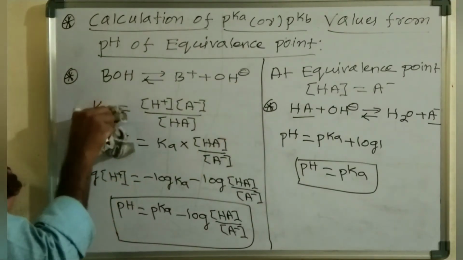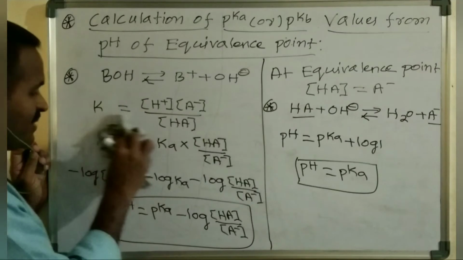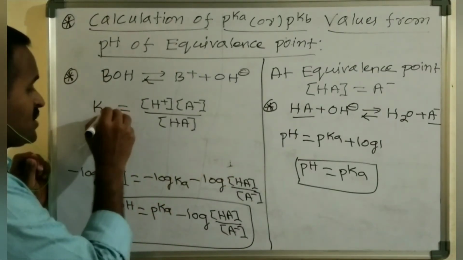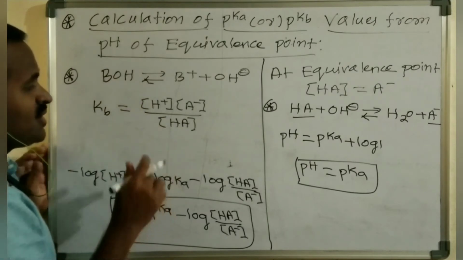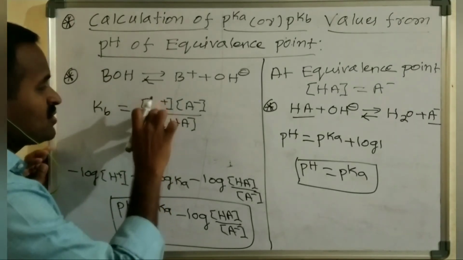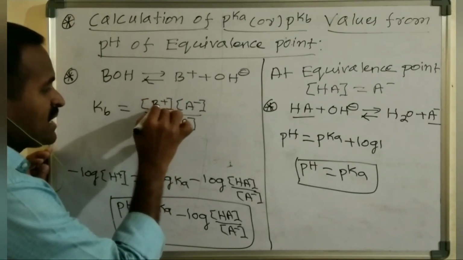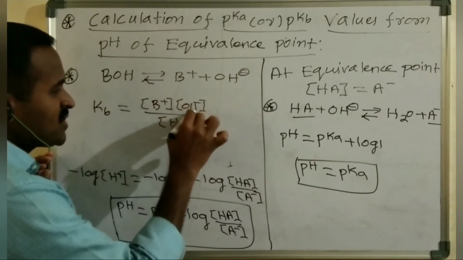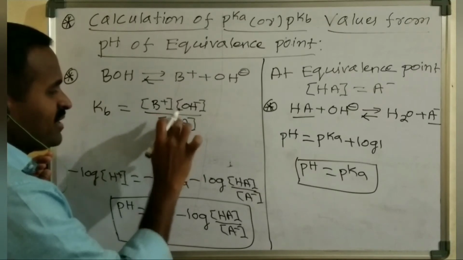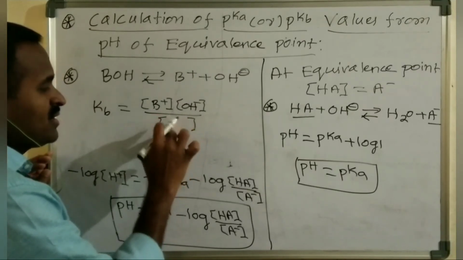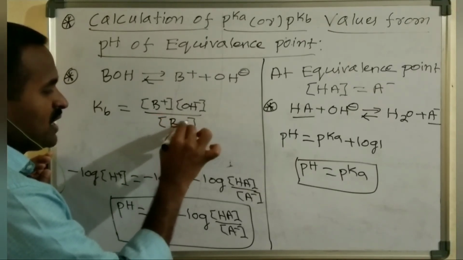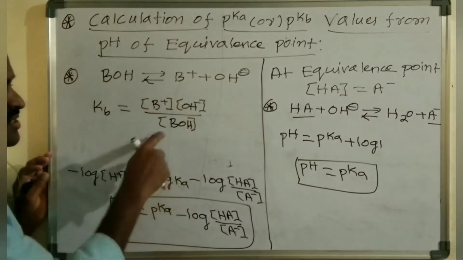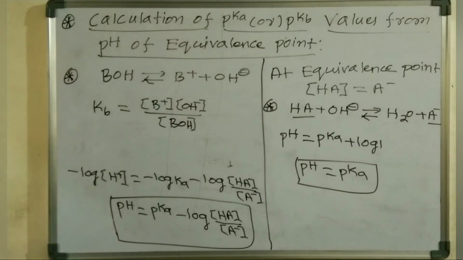The dissociation constant of the weak base, Kb, is equal to the B plus ion concentration times the OH minus ion concentration divided by the BOH concentration.